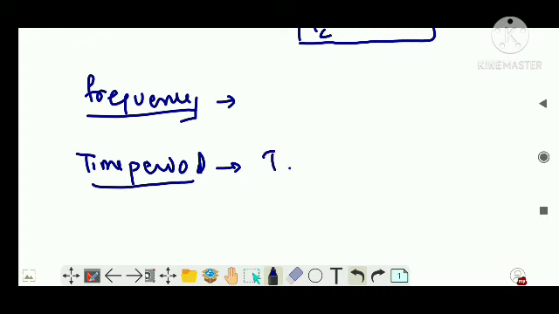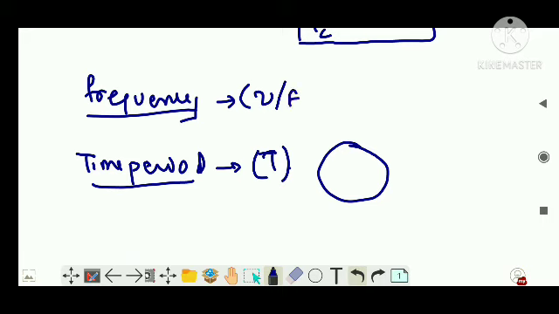The time required for one complete circular motion, represented by capital T. Frequency is usually mu or f, both are correct. Frequency is the number of circular motions happening in 1 second.